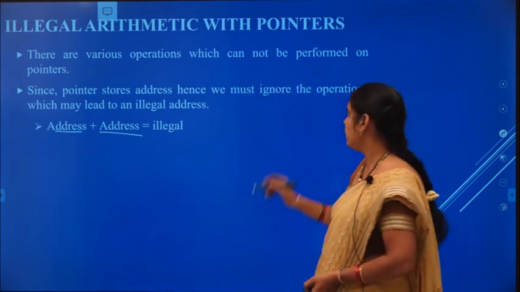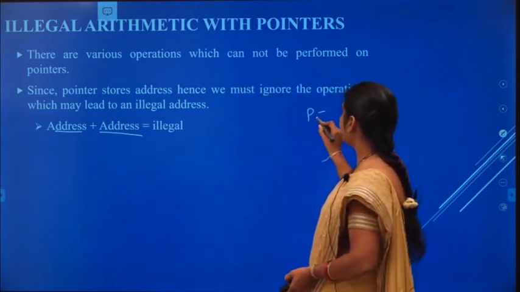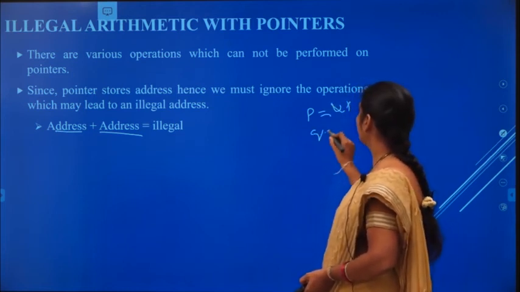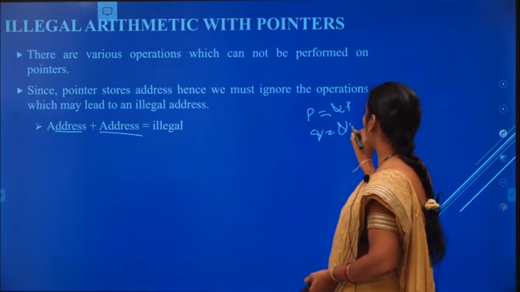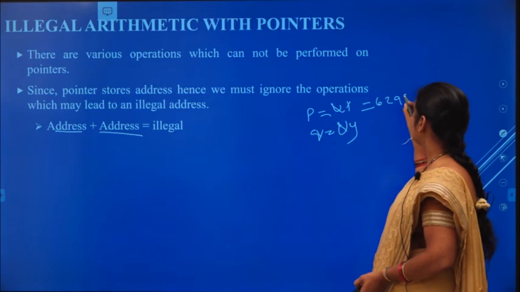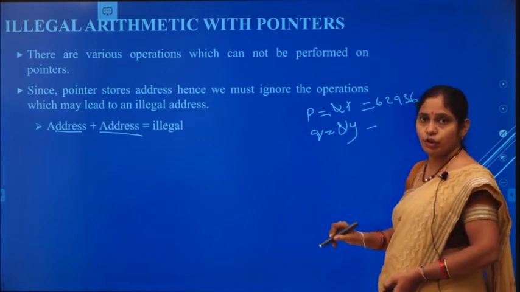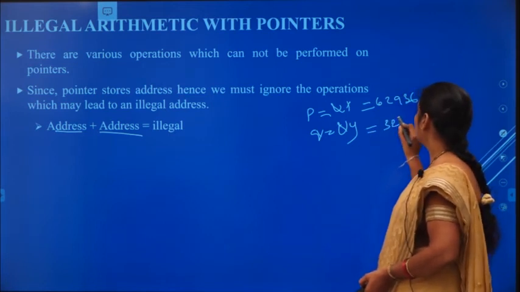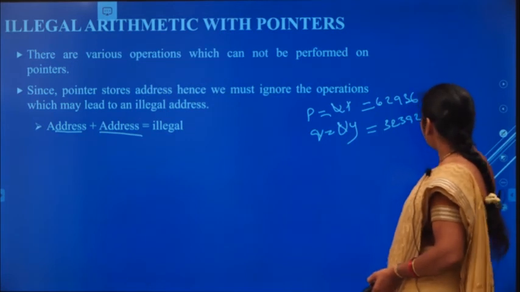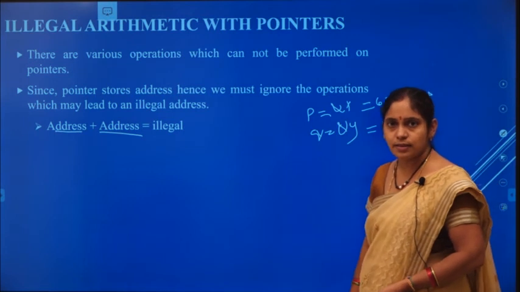Address plus address means P is pointing to a variable x and Q is pointing to a variable y. Assume the value of P as 62936 and the address of Q as 32392. Can we add one address to another address?